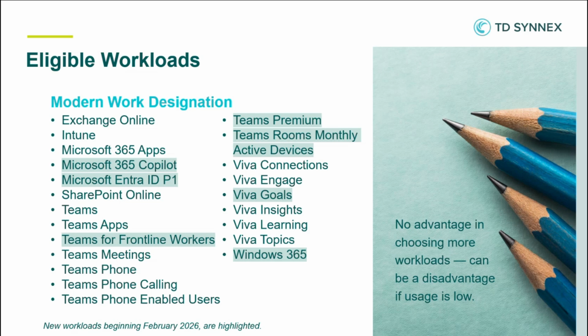There may even be cases where Teams meetings might be very low usage because it's just a small operation. They've got 12 users, they're all in the same room. They don't have a need to utilize Teams. So in those cases, again, you want to be very specific about what workloads you pick.